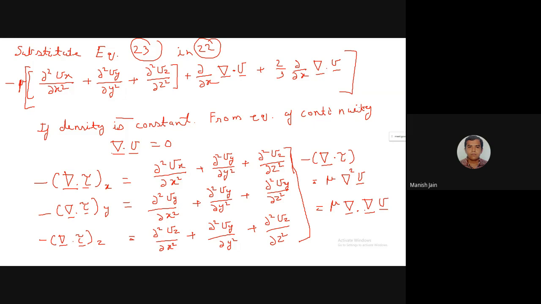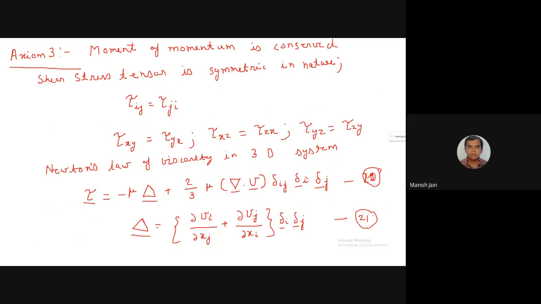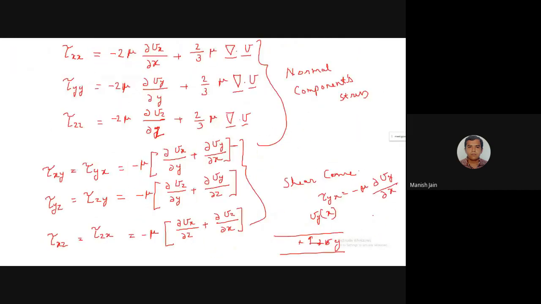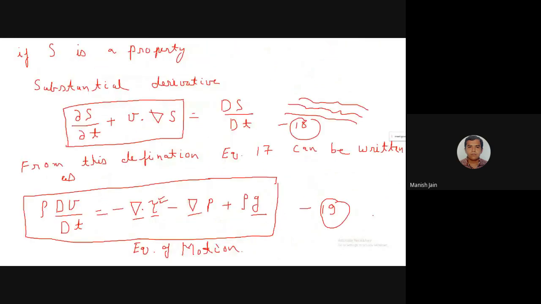Now you can substitute this. Suppose this is equation number 24. Now substitute equation number 24 in the original equation, which is equation number 19, in place of del dot tau.